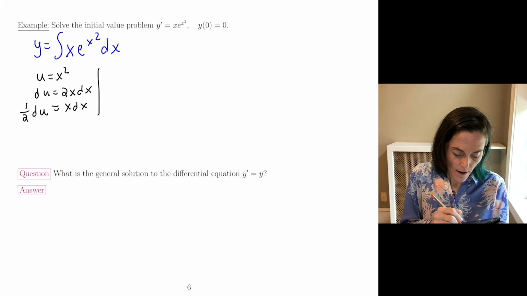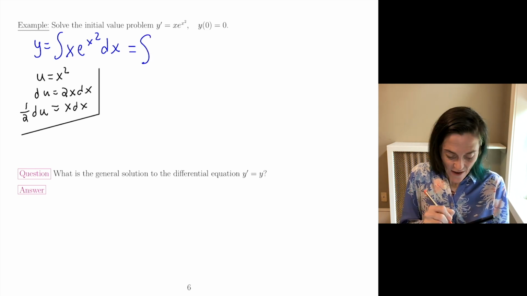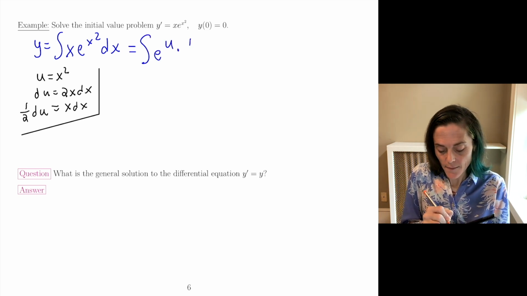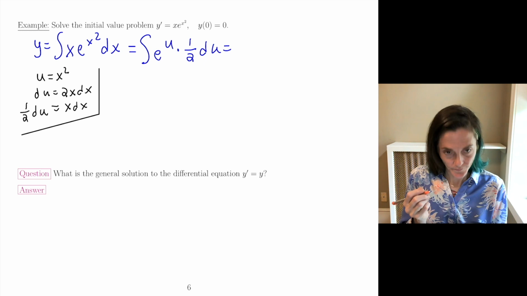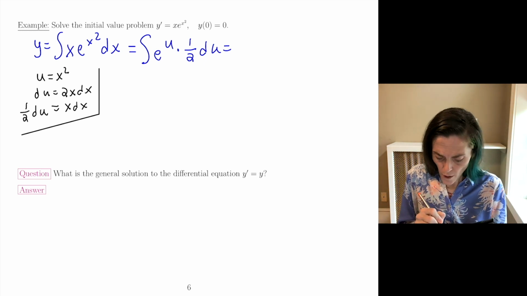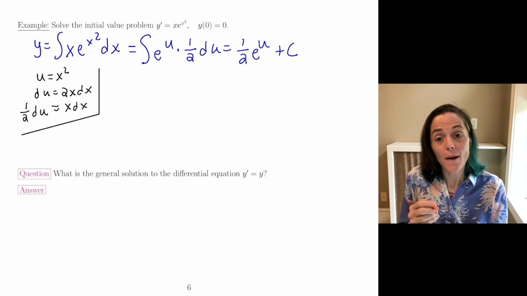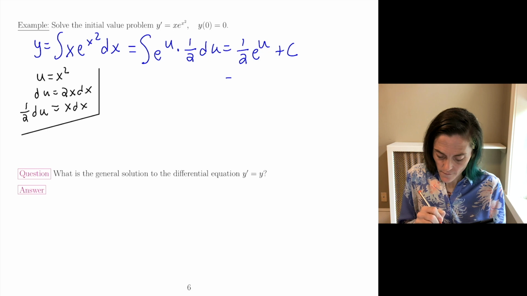Let me put this in a box. We have e to the u times 1/2 du. Now let's integrate. Well, we integrate e to the u, we have e to the u. Finally, we go back to x. So we have 1/2 e to the x squared plus c.